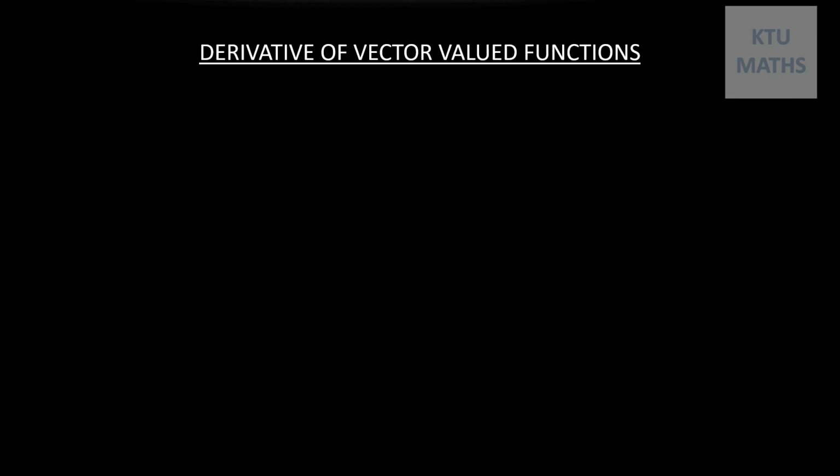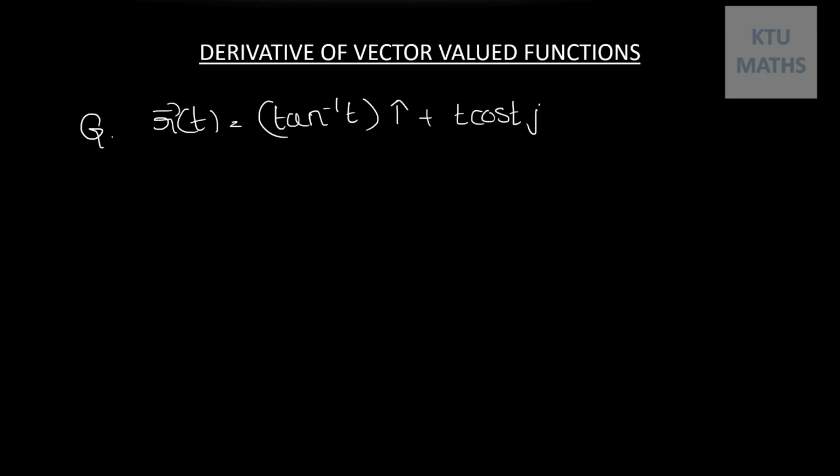Now let me write a question. The question is vector r(t) is equal to tan inverse t i cap plus t into cos t j cap minus 2 root t k cap, and you will have to find the derivative of vector r(t). Now let us find it.